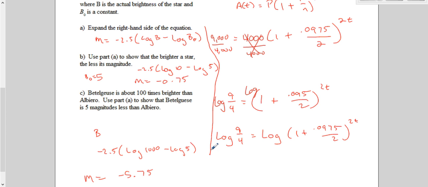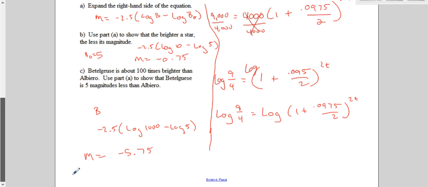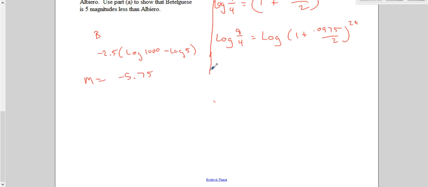That 2t can go out to the front. So log of 9 over 4 equals 2t times log of 1 plus 0.0975 over 2.